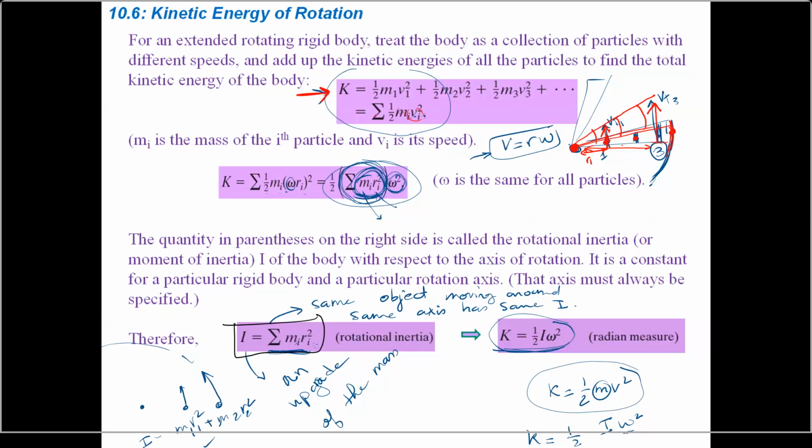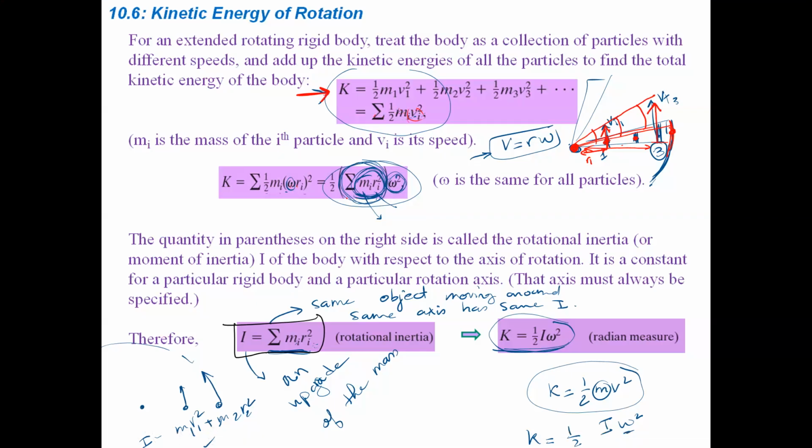Whereas if you try to transform this into angular quantities, namely, I'm going to substitute v by omega r, and then I'm going to rearrange my equation, it will look like half sigma m_i r_i squared times omega squared. Now, this quantity here, sigma m_i r_i squared, is just related to the dimensions and the mass of my object. I'm going to define it as the rotational inertia. And now my kinetic energy looks like this.